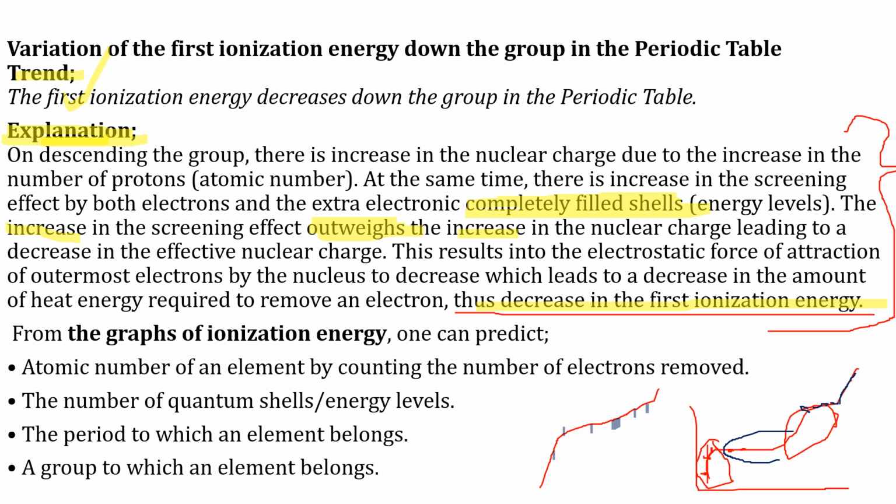The graphs of ionization energy can also help us predict the period to which the elements belong. They can also be used to identify the group to which the element belongs, as the group can be determined by the number of electrons present in the outermost energy level. So if 2 electrons are removed with ease, and you plot your graph like this one, we see a sharp increase and then slow increase, sharp increase, slow increase.